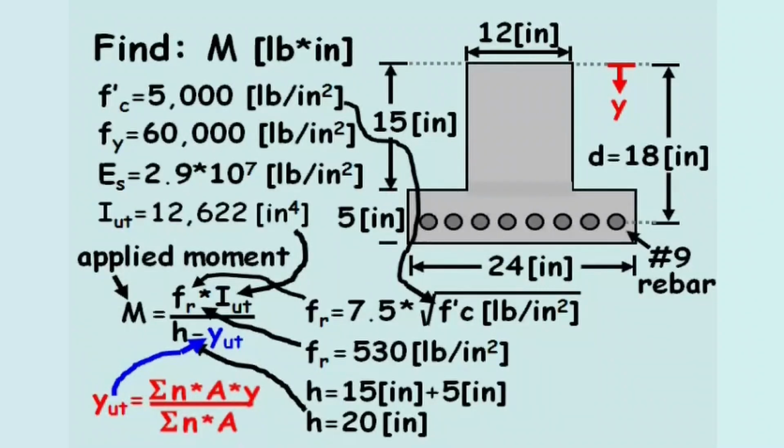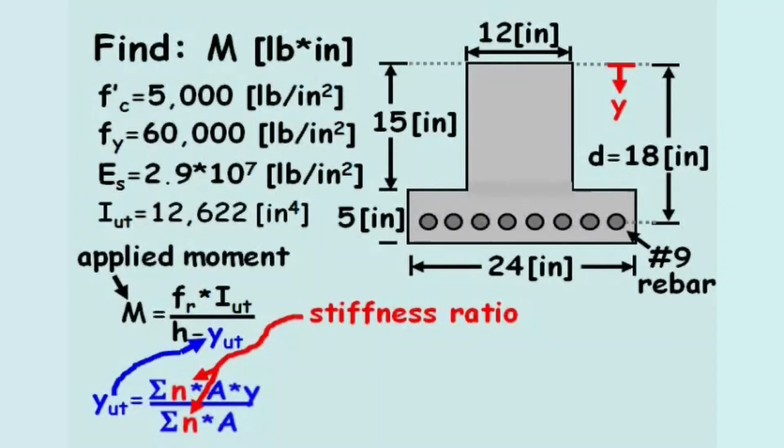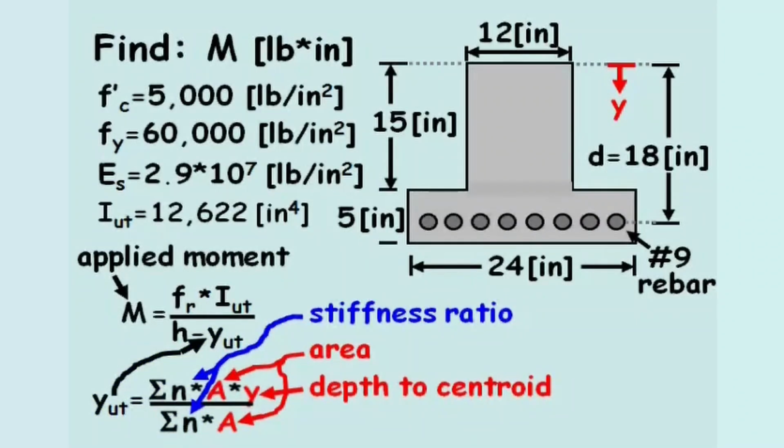In this equation, the variable n represents the stiffness ratio, and variables a and y represent the area and depth to centroid, respectively. We'll divide the cross-section of the beam into 3 parts, where part 1 is the concrete web of the beam, part 2 is the concrete base of the beam, excluding the rebar, and part 3 is the rebar.